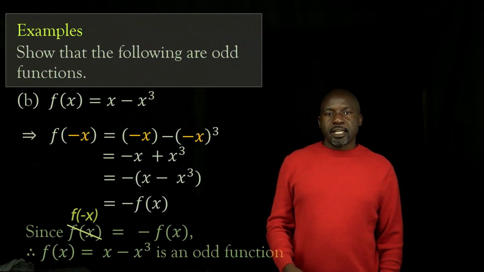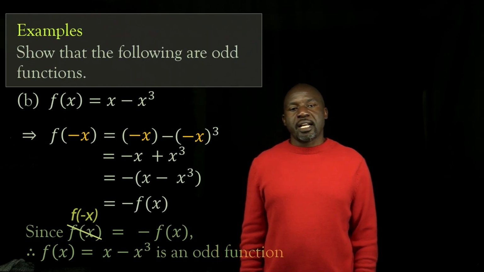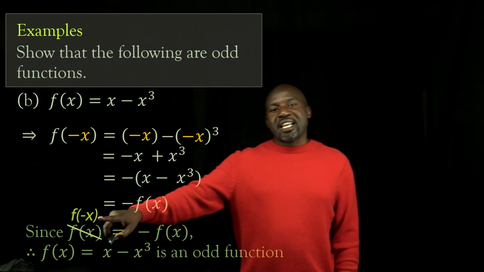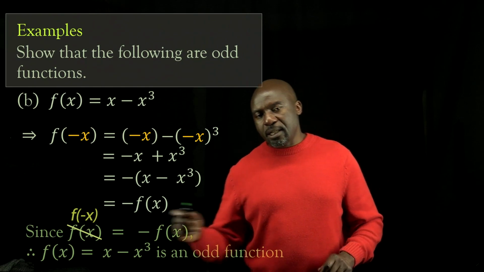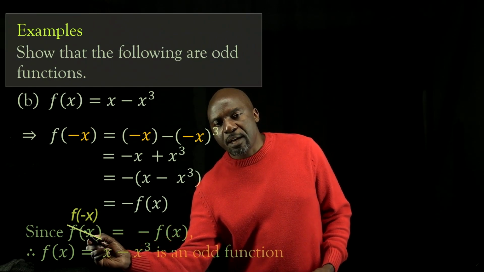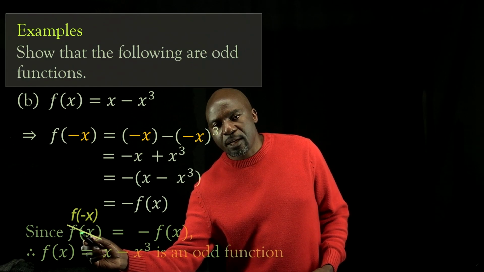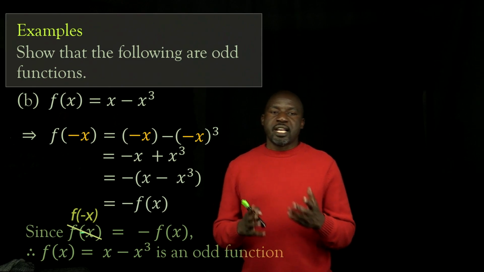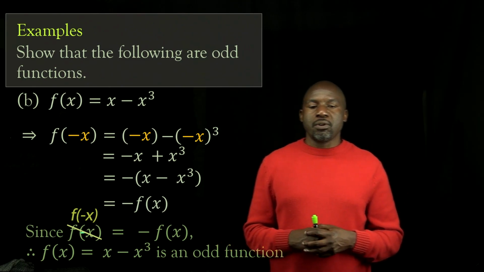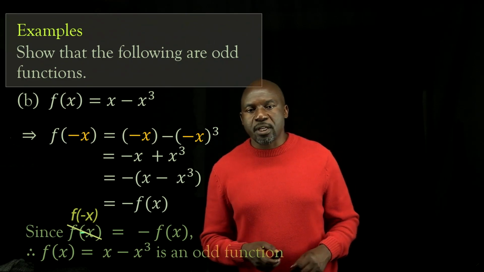And so we can conclude that since f of negative x is equal to negative of f of x, f of x is an odd function. I hope this is clear.